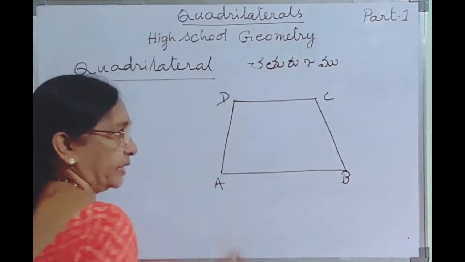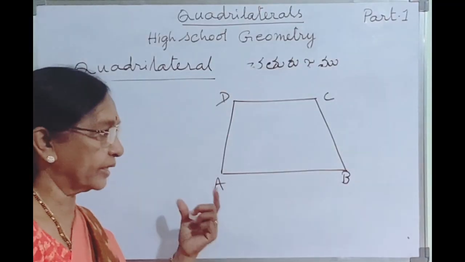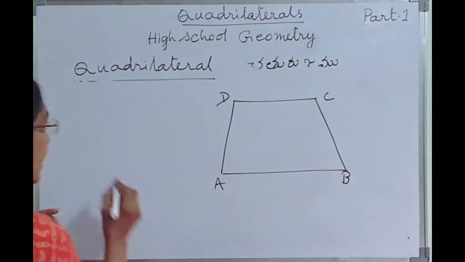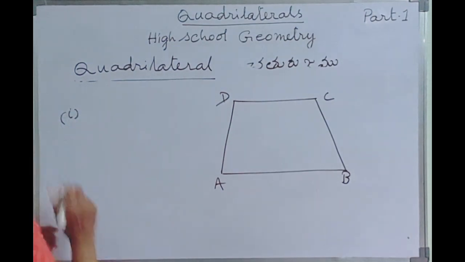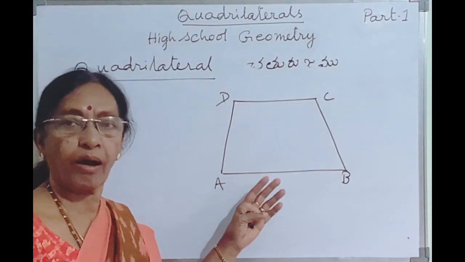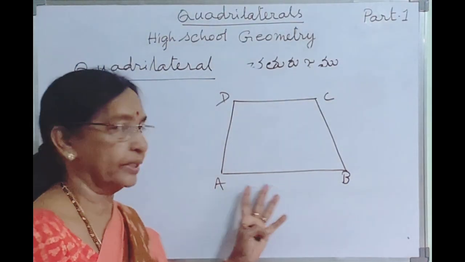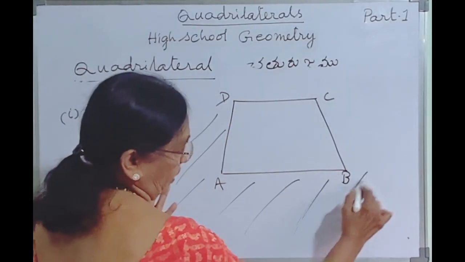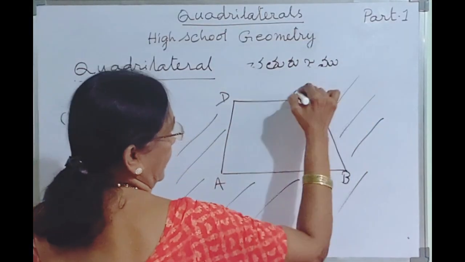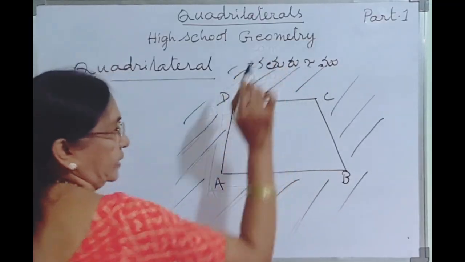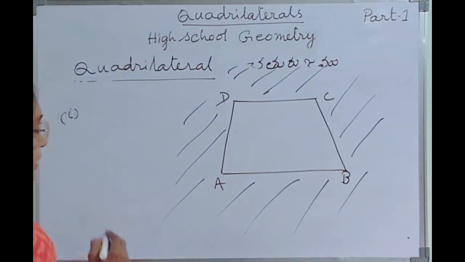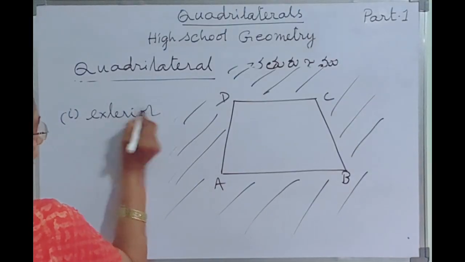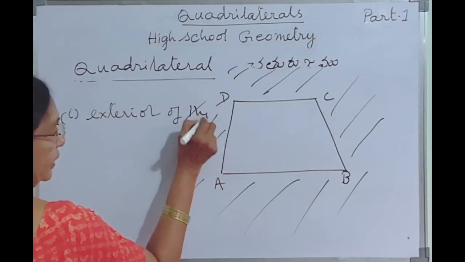This is a quadrilateral. A quadrilateral divides the plane into three parts. One is the set of points which are lying outside the quadrilateral, that is this shaded portion, the outside of the quadrilateral, and that is called the exterior of the quadrilateral.